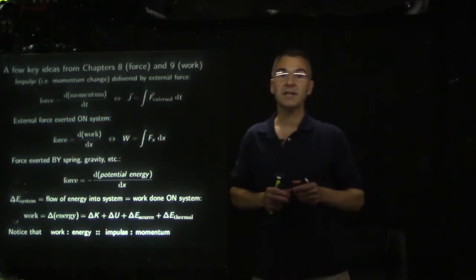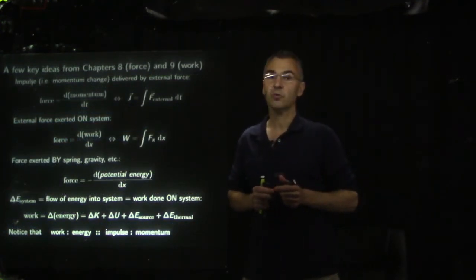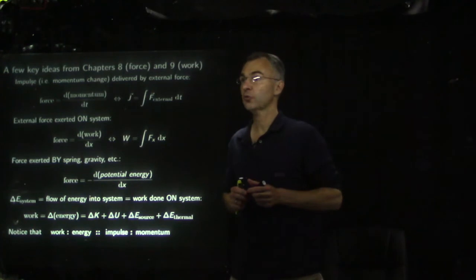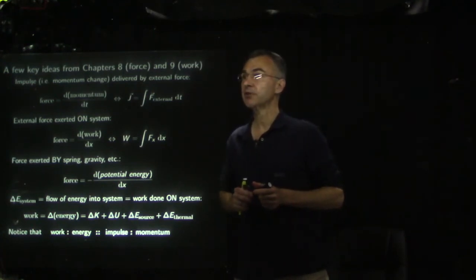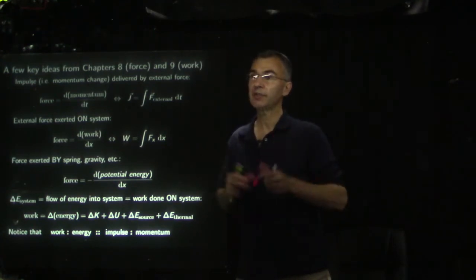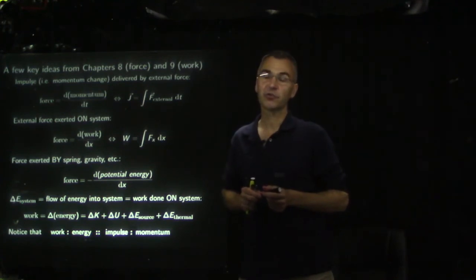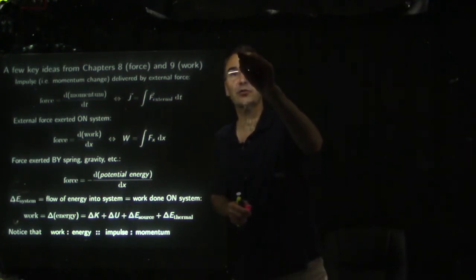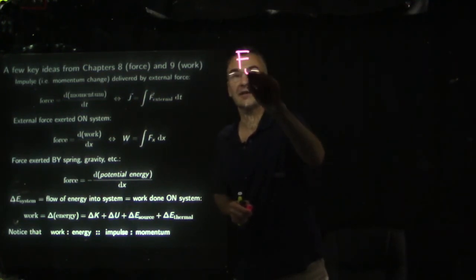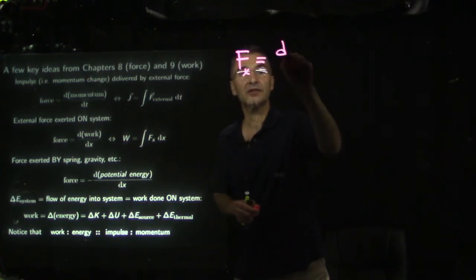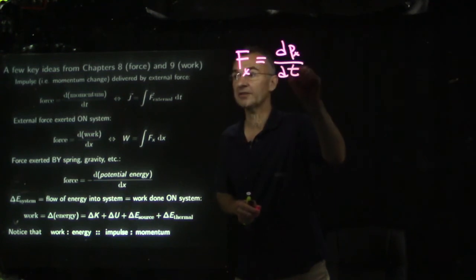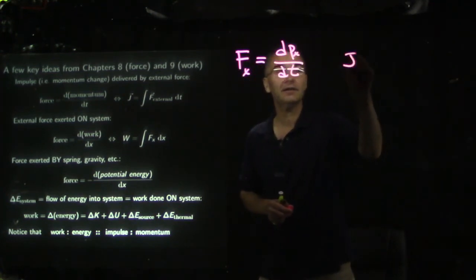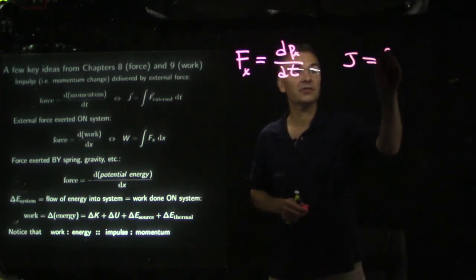So some key ideas from Chapter 8 about force and Chapter 9 about work. Impulse is change in momentum delivered by an external force. Impulse is transfer of momentum across a system boundary. So force is the rate of change of momentum with respect to time, and impulse is here the integral.